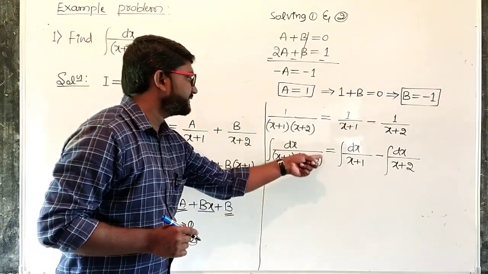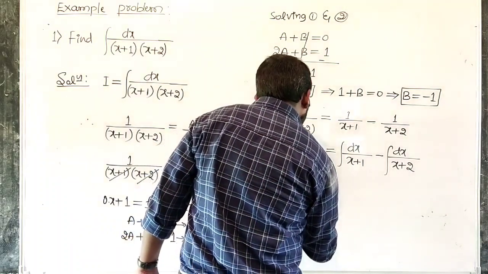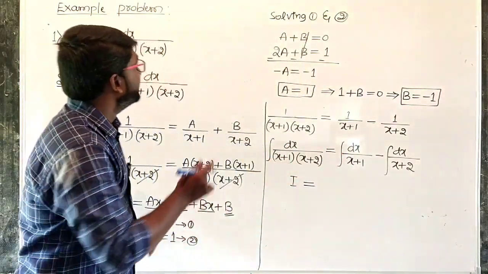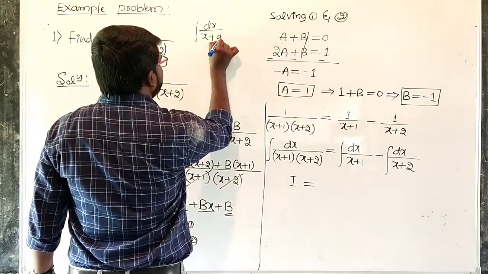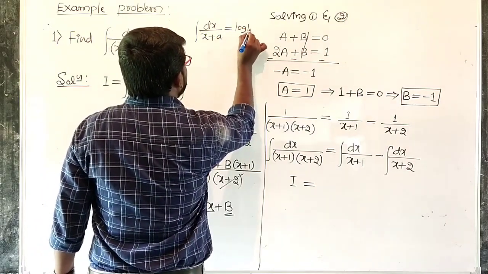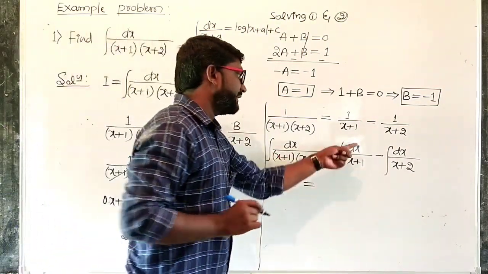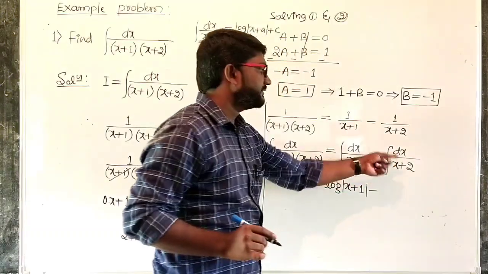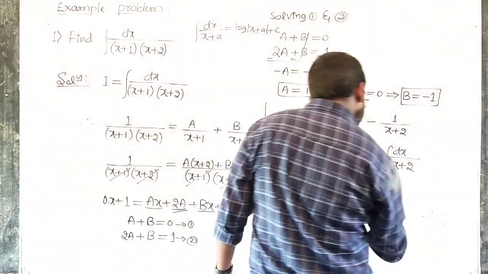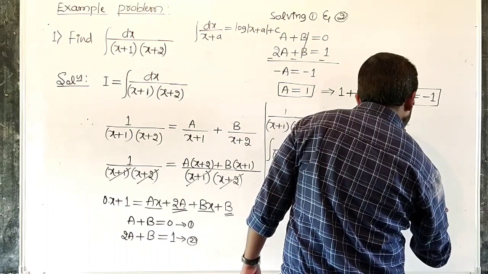So what is this now? This is nothing but I. So write I as it is. I is equal to, this is in the form of the integral of dx by (x plus a), which is log mod (x plus a) plus c. So this can be written as log mod (x plus 1), then minus log mod (x plus 2), plus c.